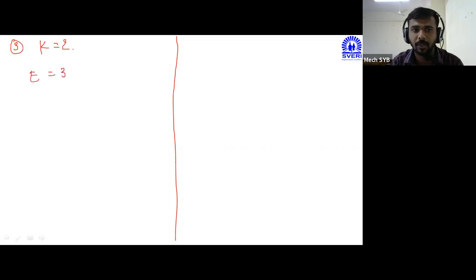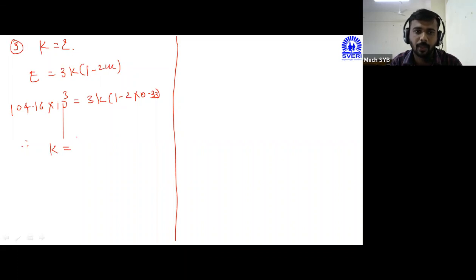So once again, we have to calculate the remaining two elastic constants. First of all, I have to calculate K. We have the relation E is equal to 3K in bracket 1 minus 2 mu. So 104.16 into 10 raised to 3 is equal to 3K in bracket 1 minus 2 into 0.33.